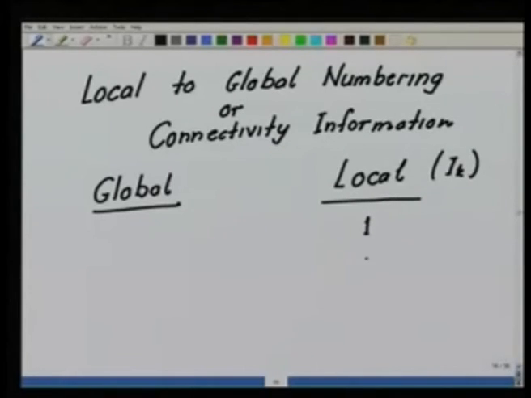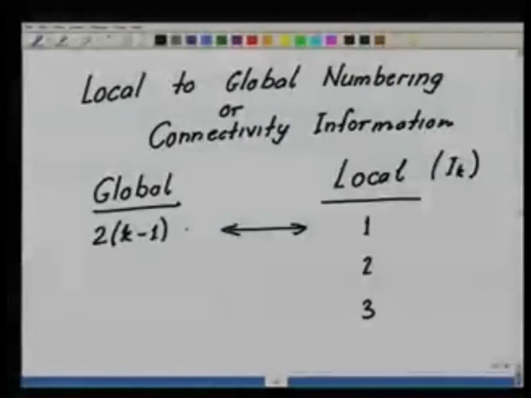In the element I have how many? 1, 2, 3. Which global number does it correspond to? 1 corresponds to which global basis function? N1^k corresponds to phi 2k minus 1. So globally I will rewrite it in another form, 2k minus 1 plus 1, which is nothing but 2k minus 1.